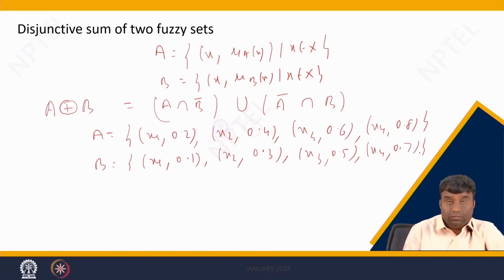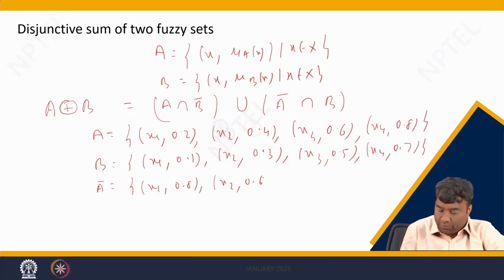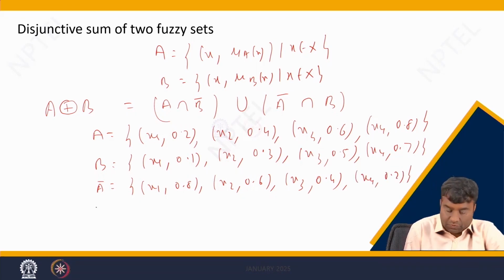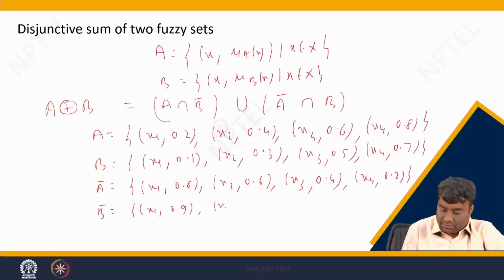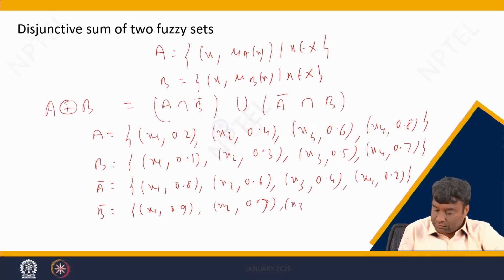Take A complement, which is x1 0.8, x2 0.6, x3 0.4, x4 0.2. Take B complement, which is x1 0.9, x2 0.7, x3 0.5, x4 0.3.